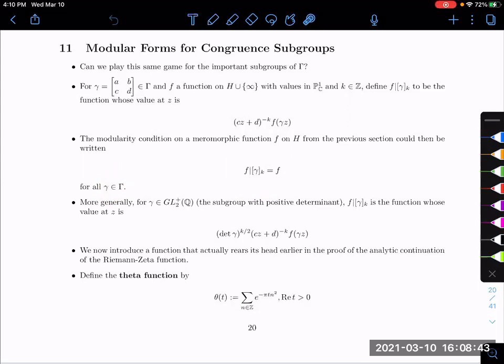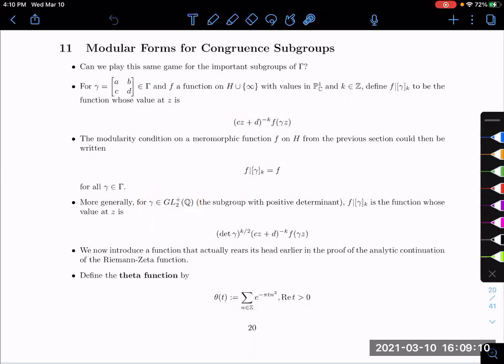And so not only are we going to want to simplify that notation down, but we're going to want to talk about matrices that don't necessarily live in SL2Z. They live outside SL2Z. Specifically, we want to even discuss matrices that live in GL2 plus Q, so the subgroup of the general linear group with positive determinant and rational coefficients.